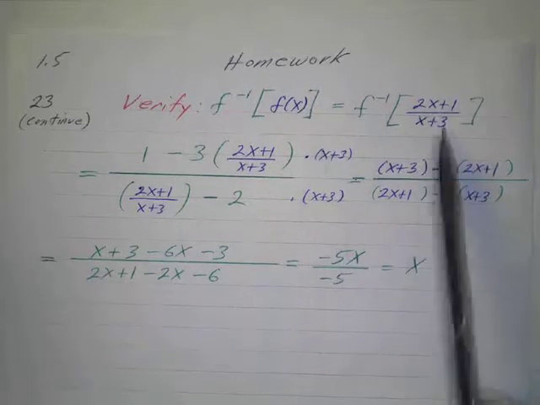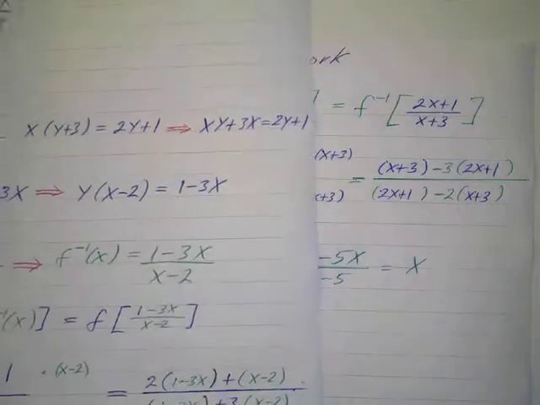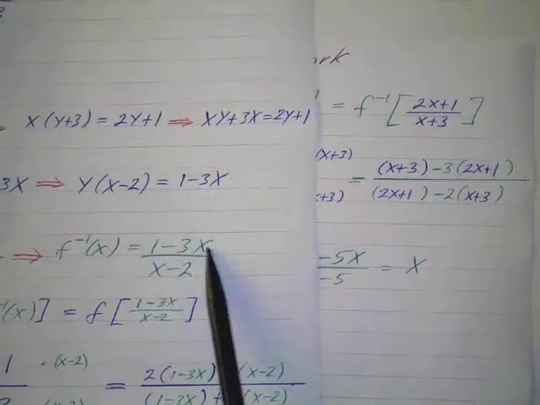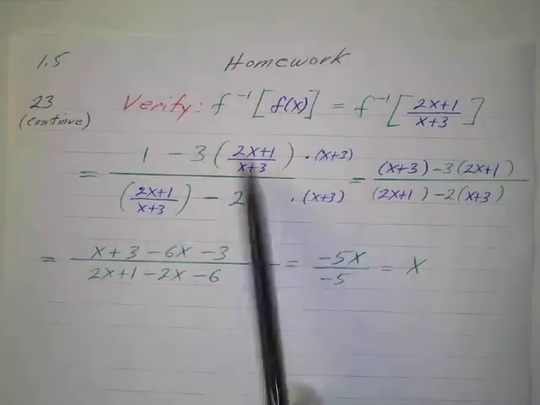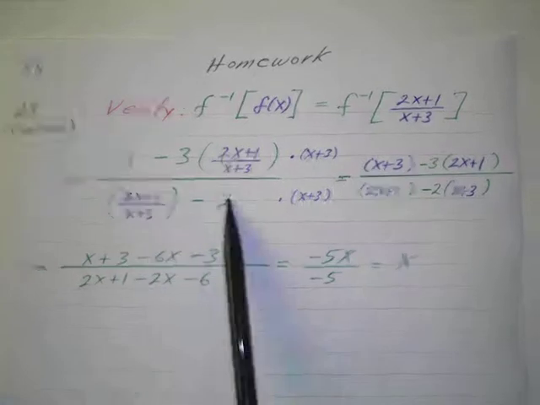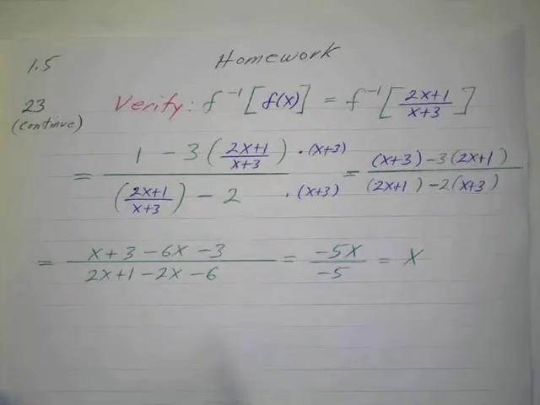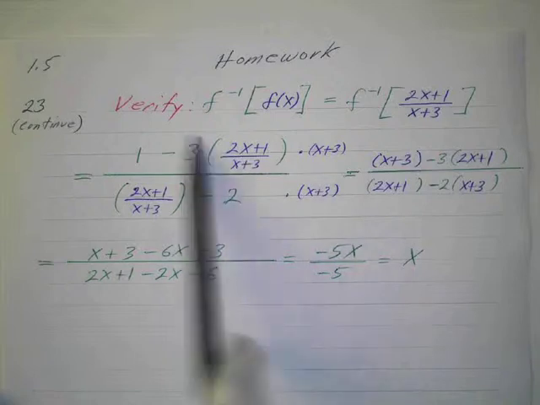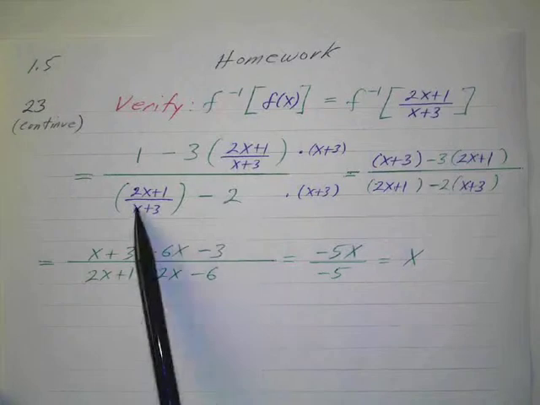And the f inverse of x rule, let me go back over here, you can see that. That was 1 minus 3 times something all over that something minus 2, so I kind of wrote it leaving spaces. And then I put in my f of x. So the green is the f inverse of x rule, and the blue is the f of x rule.